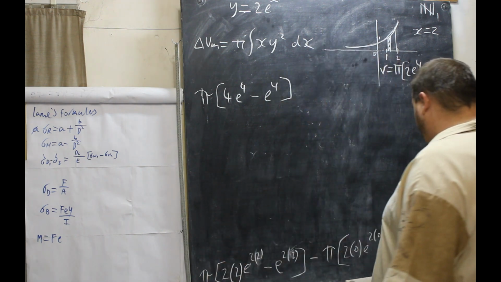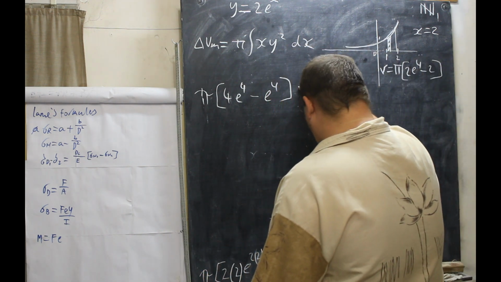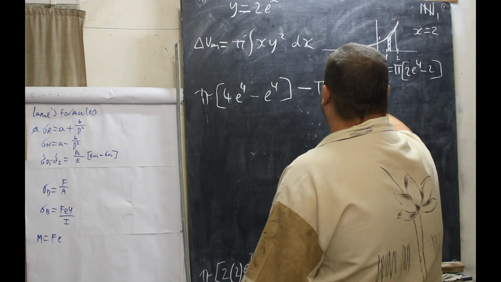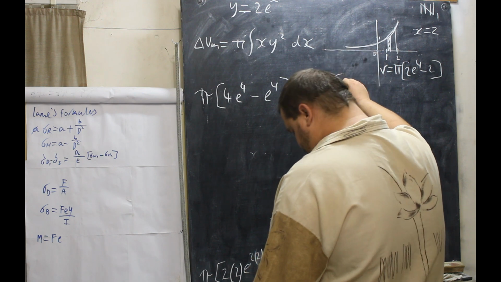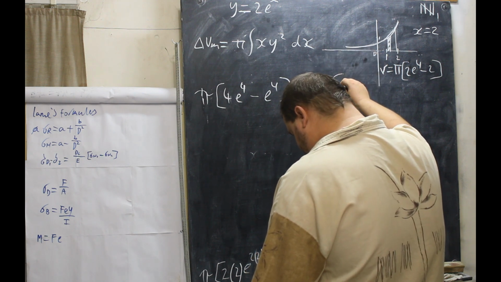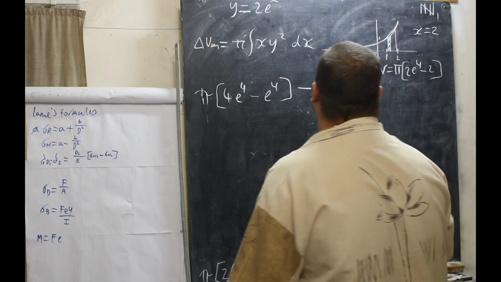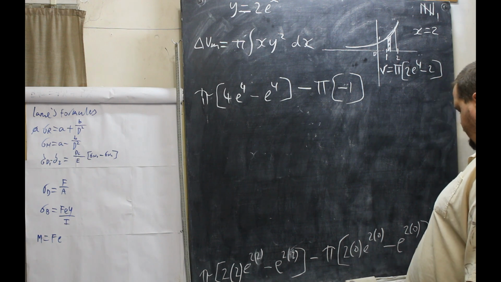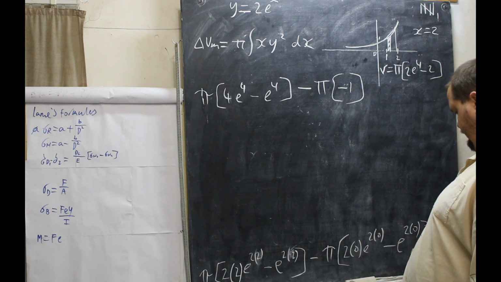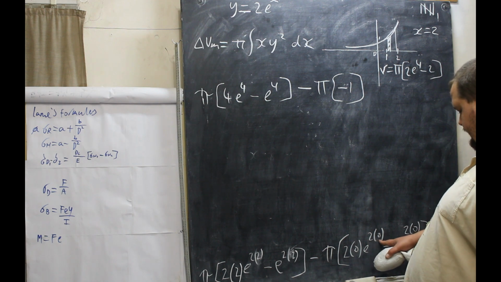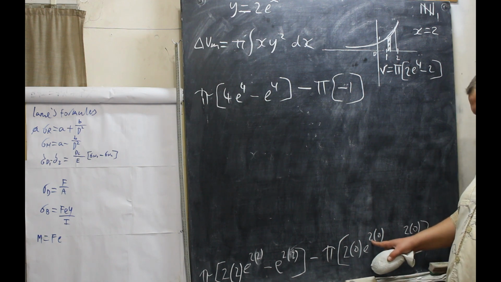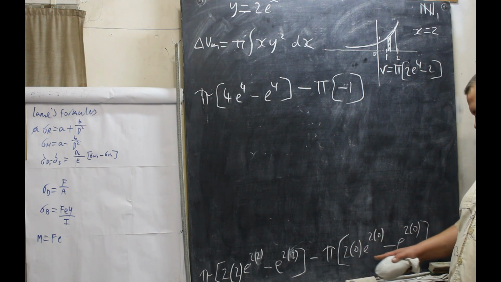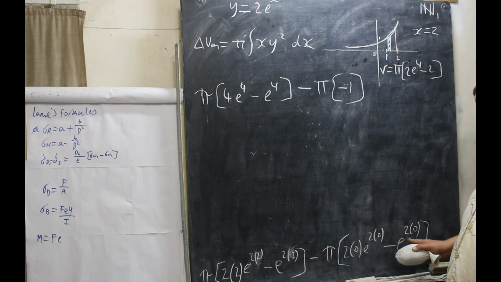And this all minus pi times minus 1. So all this here becomes minus 1, because 2 times 0 is 0, e to the power 0 is 1, 1 times 0 is 0, 2 times 0 is 0, and it's just minus 1 here.